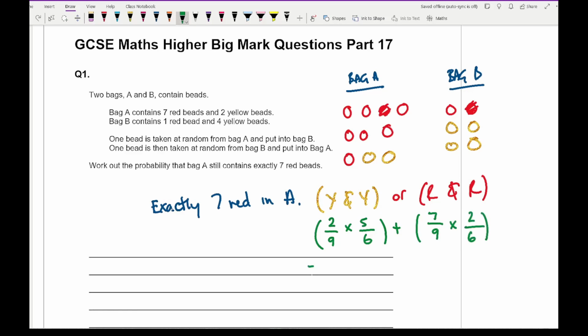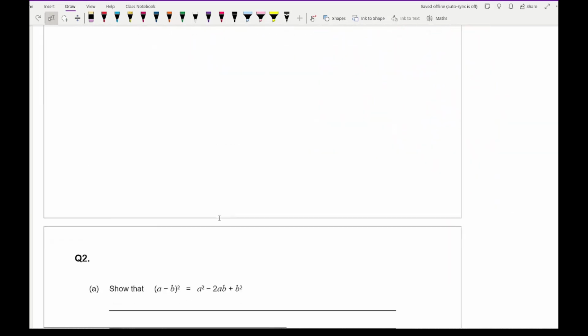So working these probabilities out, I've got 2 fifths times 5 sixths, that's going to be 10 over 30 plus 6 over 30, which leaves me with 16 over 30, or it's going to be 8 over 15. So either of those two fractions should be absolutely fine to gain 4 marks.